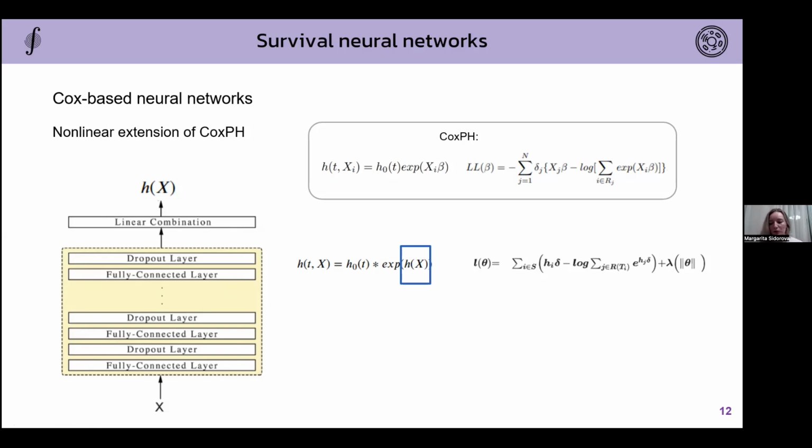And this Cox loss function gives us the opportunity to work with censoring and to work with survival, as here we have the values which are typical for survival. And usually in our neural network, we have fully connected layers and some dropout layers to prevent overfitting.